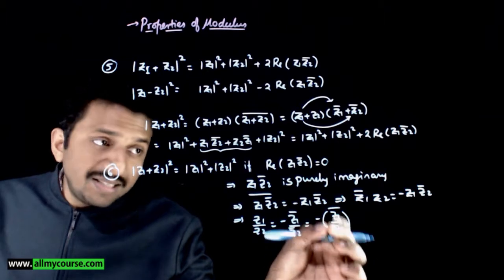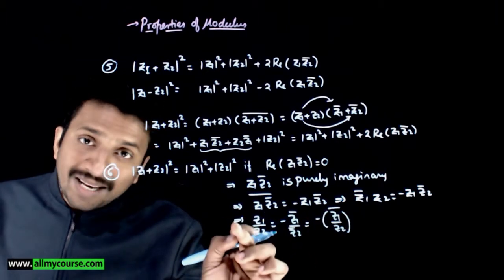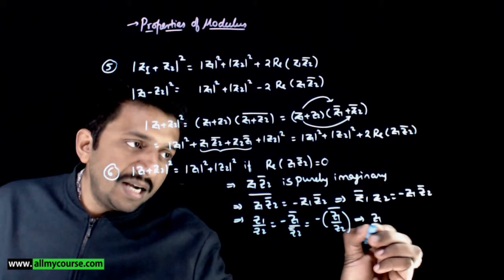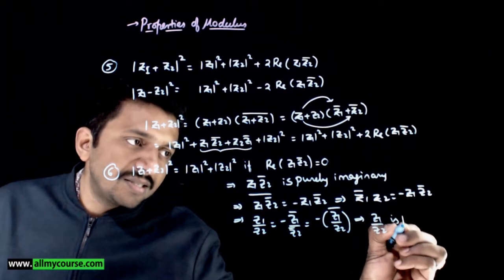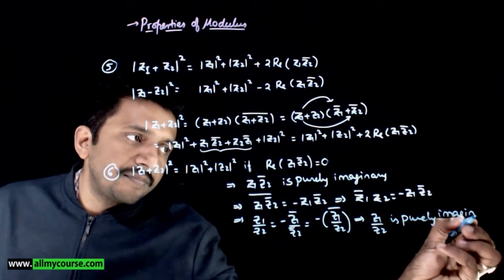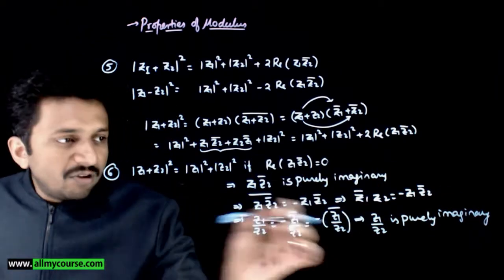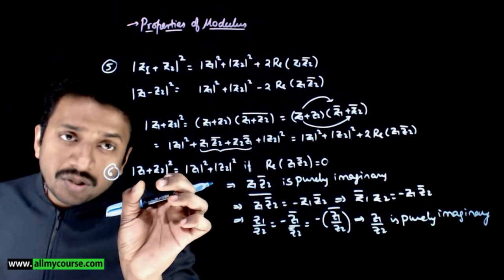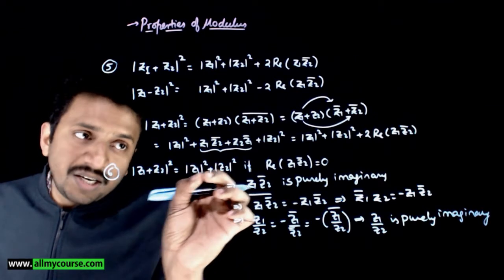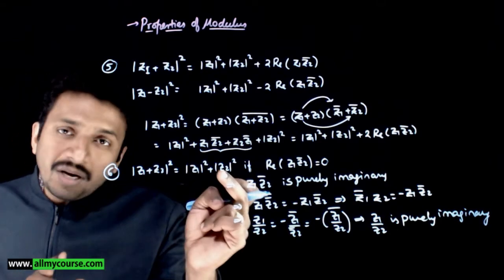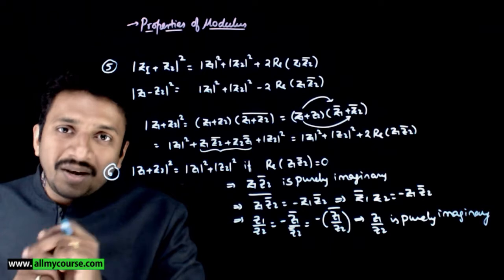So z1 by z2 whole bar is equal to minus of z1 by z2, which implies z1 by z2 is purely imaginary. So this will be the final condition which we are looking for. If mod z1 plus z2 whole square is equal to mod z1 square plus mod z2 square, this will happen if z1 by z2 is purely imaginary.